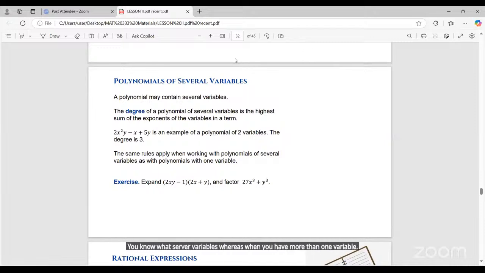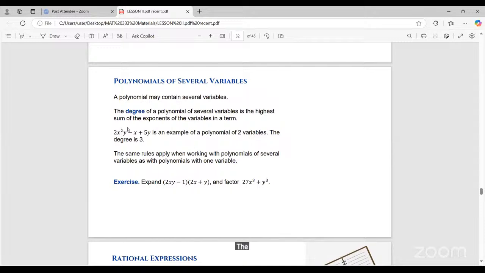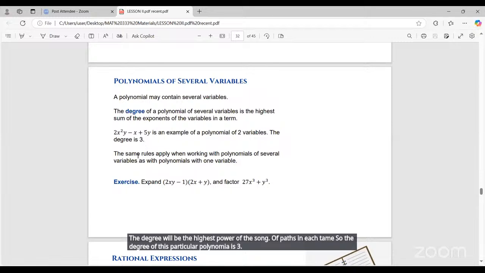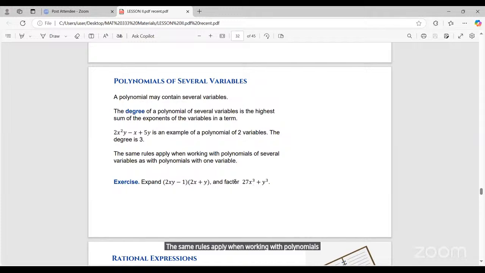For instance, 2x squared y minus x plus 5y is an example of a polynomial of two variables. The degree will be the highest sum of powers in each term, so the degree of this particular polynomial is 3. The same rules apply when working with polynomials of several variables as with polynomials of one variable.